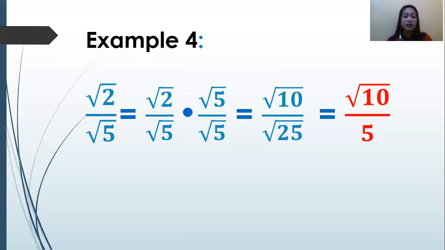If you can see, we used the denominator, the square root of 5, in order to rationalize it, to make it a perfect square. So let's proceed. The square root of 2 times the square root of 5, we have the square root of 10. Then the square root of 5 times the square root of 5, we have the square root of 25, which is a perfect square and is equal to 5. So our final answer is the square root of 10 over 5.